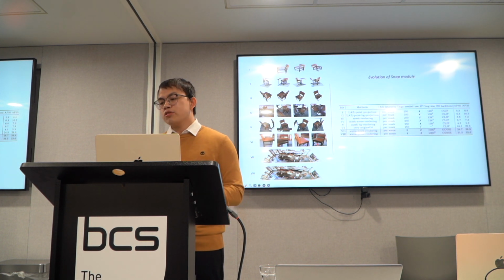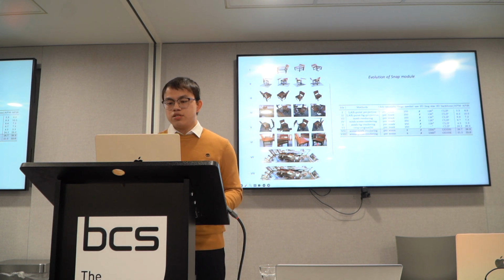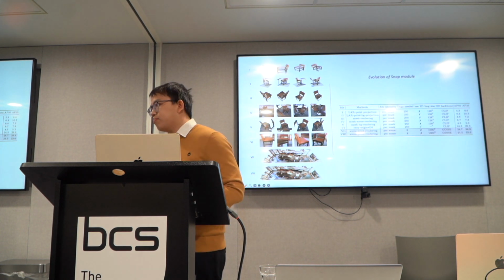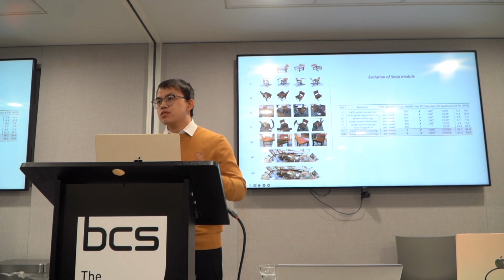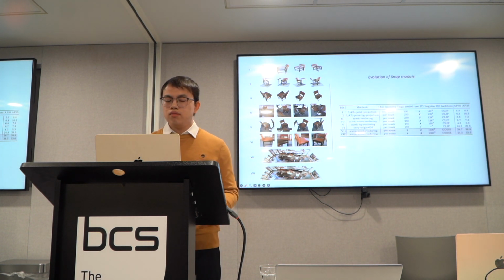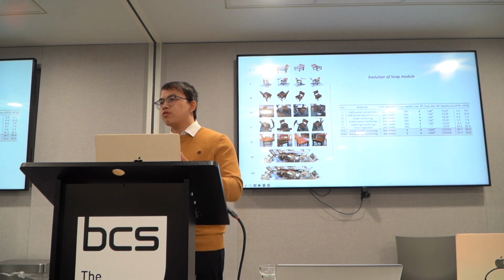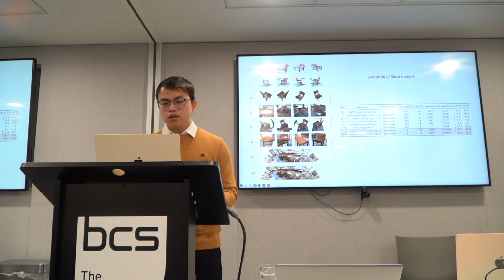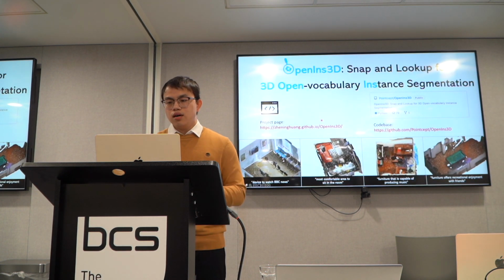A key observation here is that once we switch from object-level rendering to scene-level rendering, the performance gets boosted quite a lot. So this is one of the main takeaways of this work, that scene-level understanding may be a good approach for 3D open-world understanding.